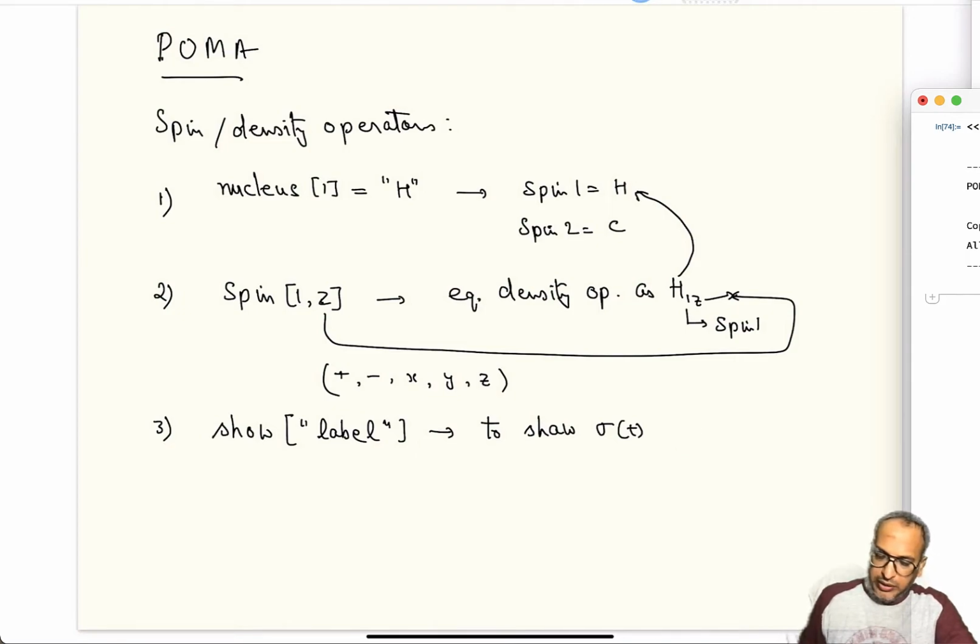So let's say after a 90-degree pulse or after a particular delay, you want to know what is the sigma t, what is the density operator. So you break the experiment in between and insert this command as show label, or show after 90, or show after delay, or something like that. We will see the example. This basically spits out the value of the density operator at that particular point where you are inserting this command, okay, in the middle of the experiment.